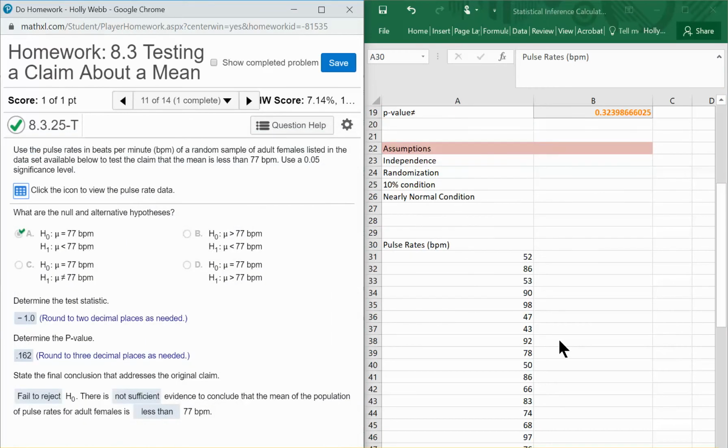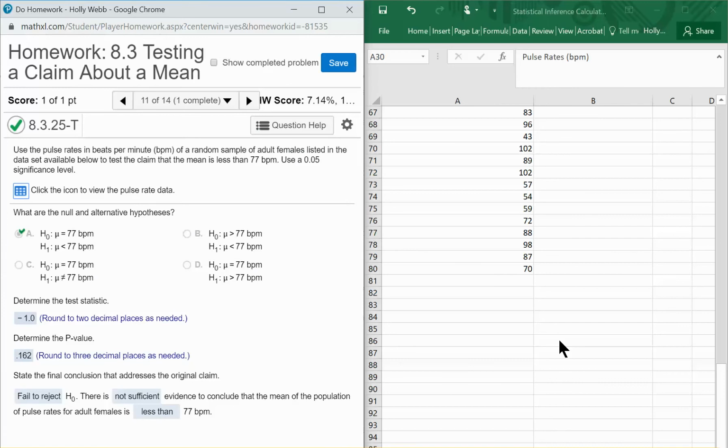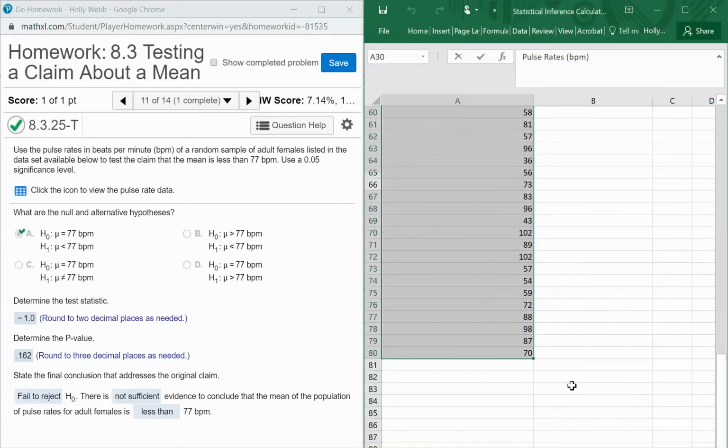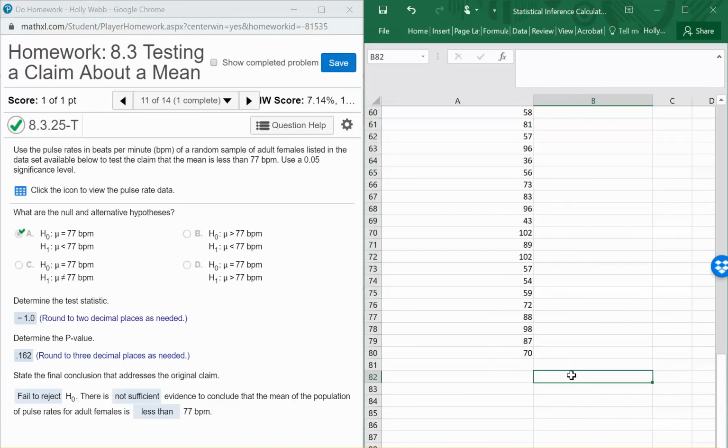So I'm going to go ahead and find the things I need. I need my sample size, my n. I'm going to find my sample mean. And I'm going to find my sample standard deviation.